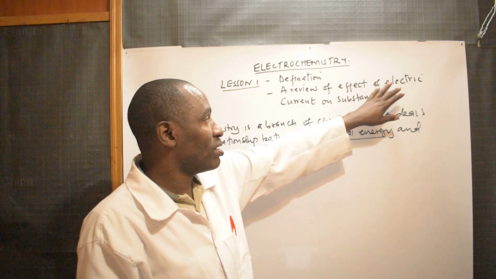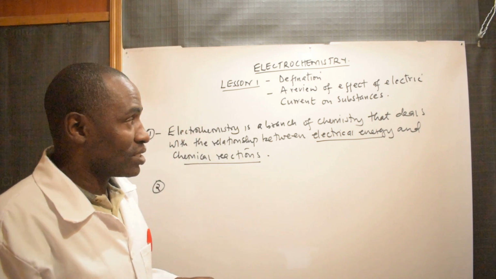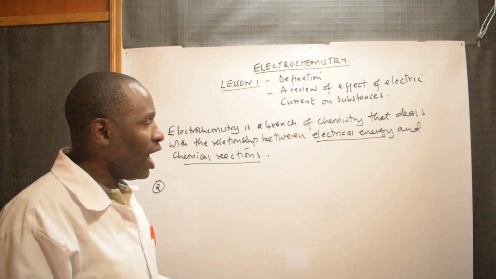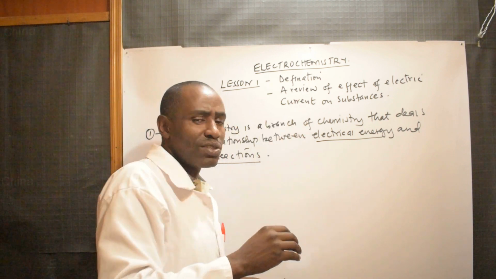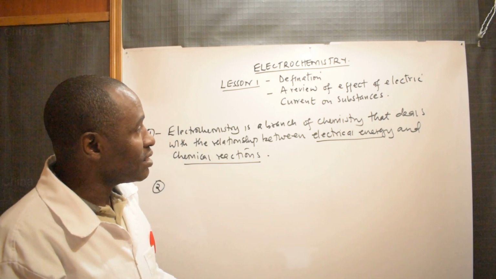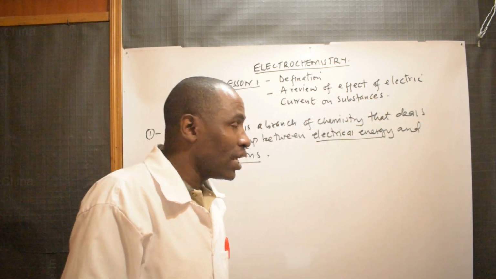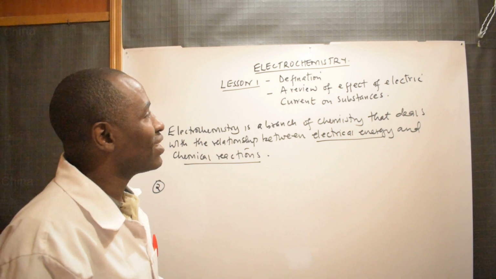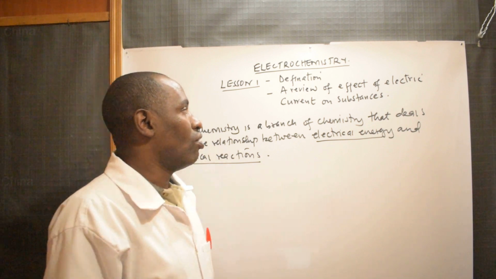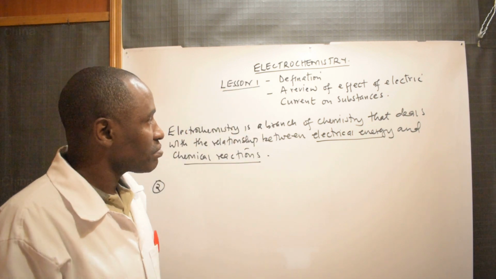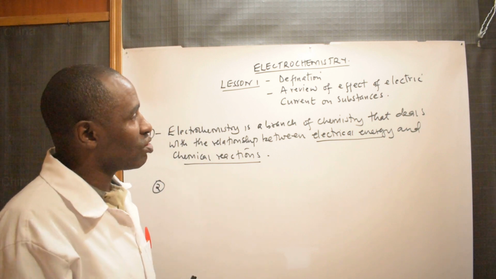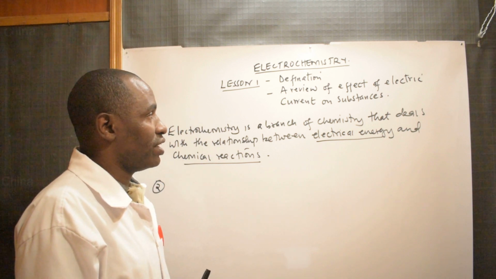These we call non-conductors, or at times insulators. However, some substances will allow electric current to pass through them, and these are conductors. Things like metals are good conductors of electricity.